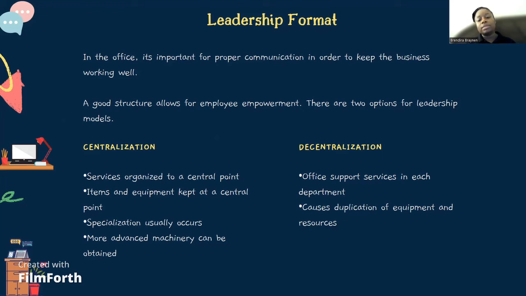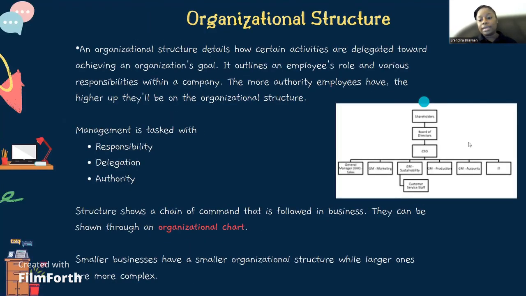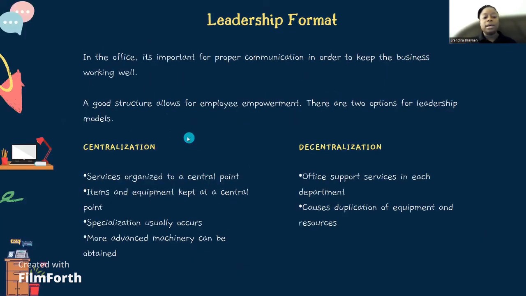And so when it comes to that, there are two leadership models, one being centralization and the other decentralization. When we have centralization, as it relates to this organizational chart and the setup of the organization, what happens is everything happens in one location.